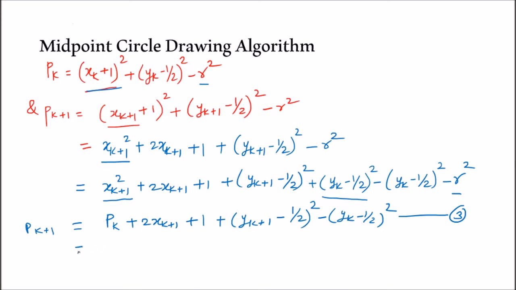So, if you simplify this y of k and y of k square bracket, it is equal to p of k plus 2x of k plus 1 plus 1, then plus y of k plus 1 square minus y of k square minus y of k plus 1 minus y of k, that the y of k plus 1 will be equal to y of k or y of k minus 1.